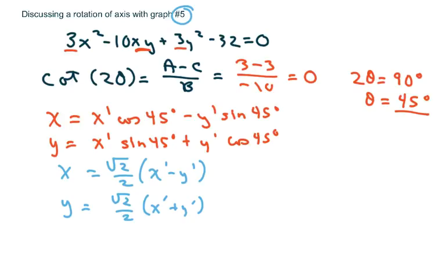So all we're going to do now on this next slide is substitute our x's and y's and find out what this is. I'm going to write the equation down again. We have 3x squared minus 10xy plus 3y squared, and I'm going to move the 32 over. And remember, our angle is 45 degrees.